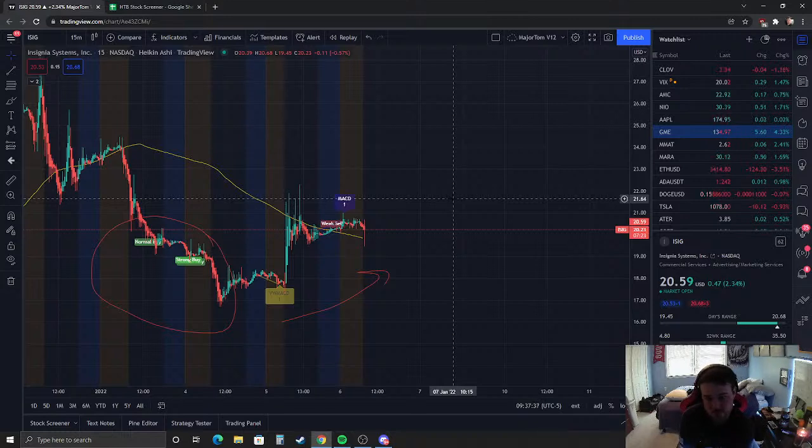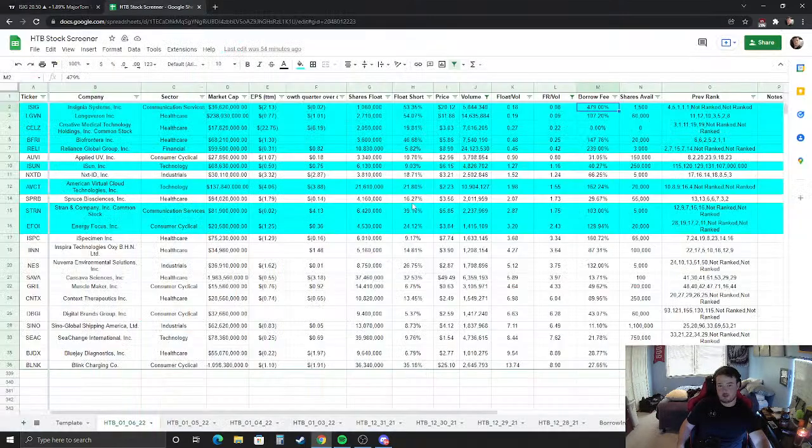So I think I'm going to stay in iSig just because I don't know how they are keeping this price down. It doesn't make much sense to me, but I mean, it does. It's called naked short selling. How else do you have trading like this?